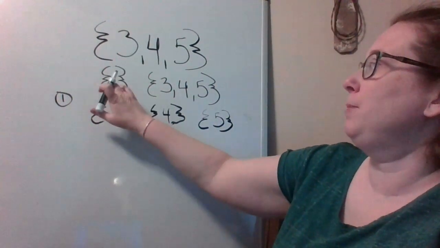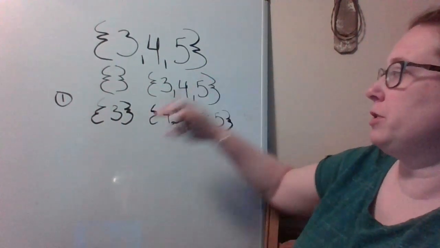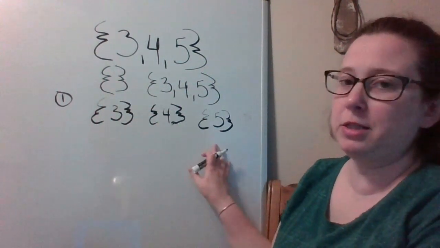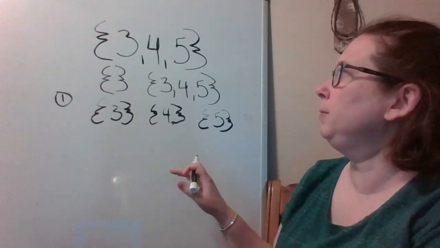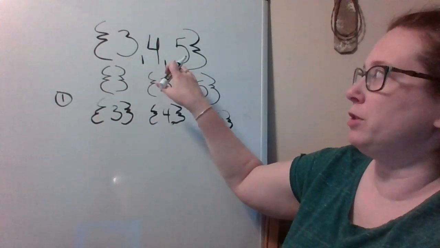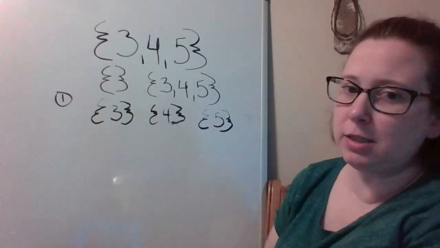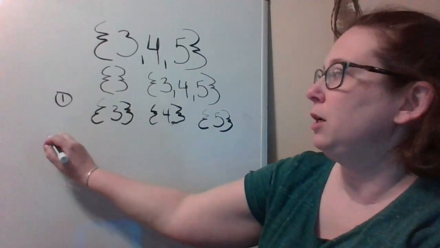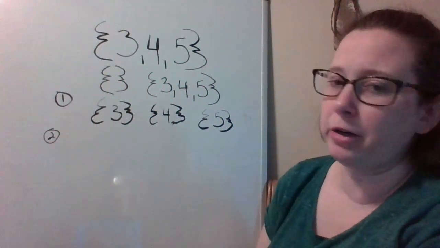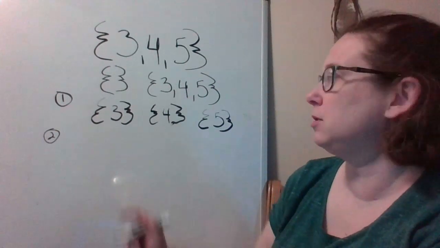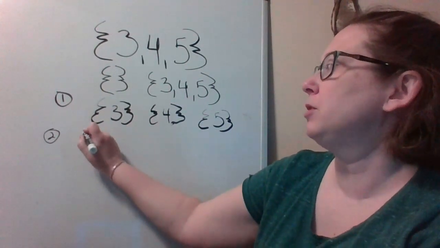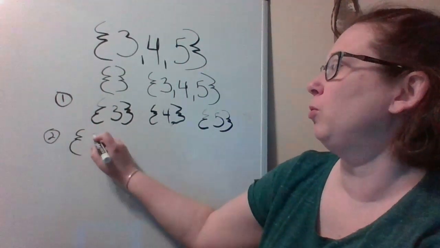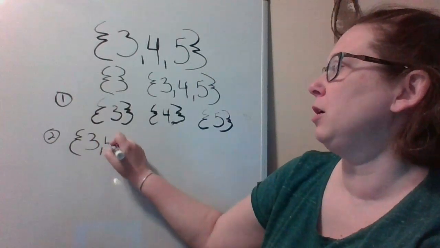All right, so we have our empty set, we have our universal set, and we have subsets that each have one element in. When our universal set has 3 elements, the only other option is to list out our subsets that have 2 elements in the subset. So we need to figure out what all of those combinations are.